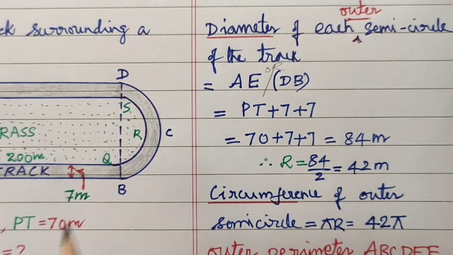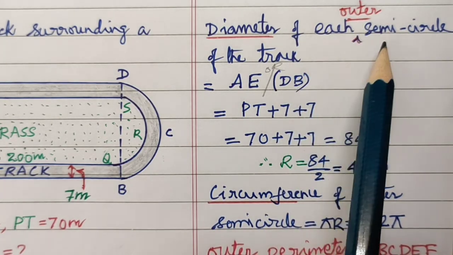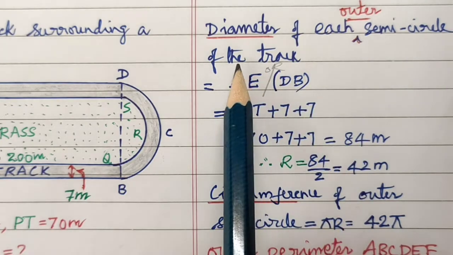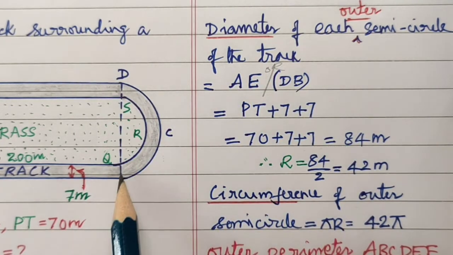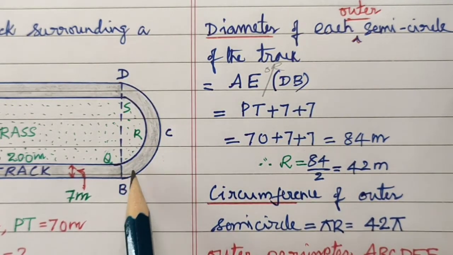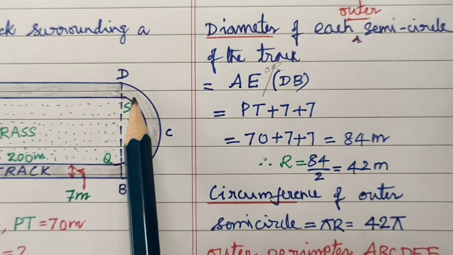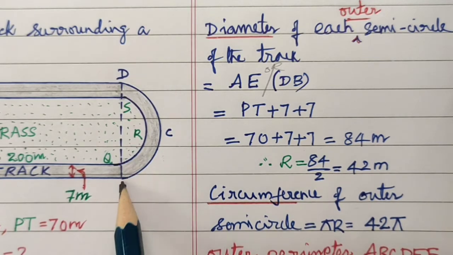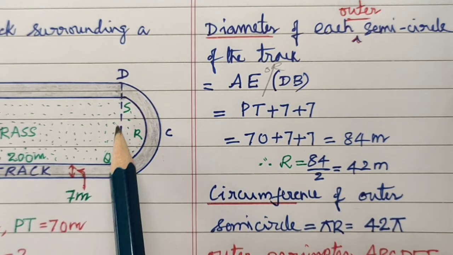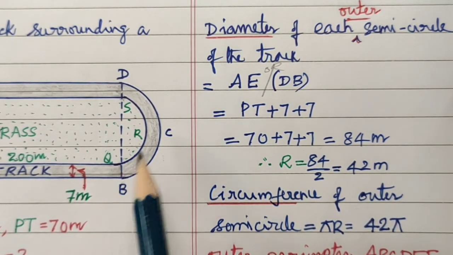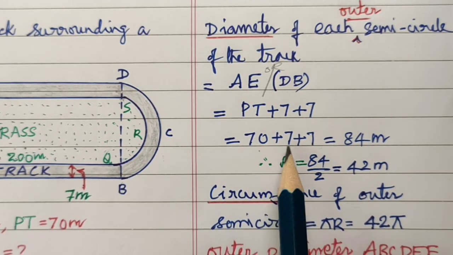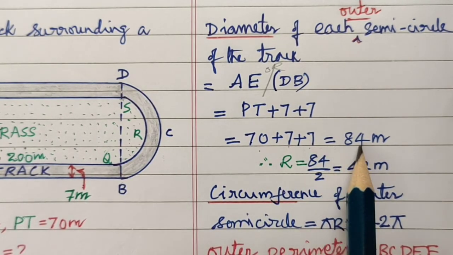The diameter of each outer semicircle of the track, from here to here, is equal to this plus this plus this. This is 7 meters, this is 7 meters, and this is 70 meters. 70 plus 7 plus 7 gives 84 meters.